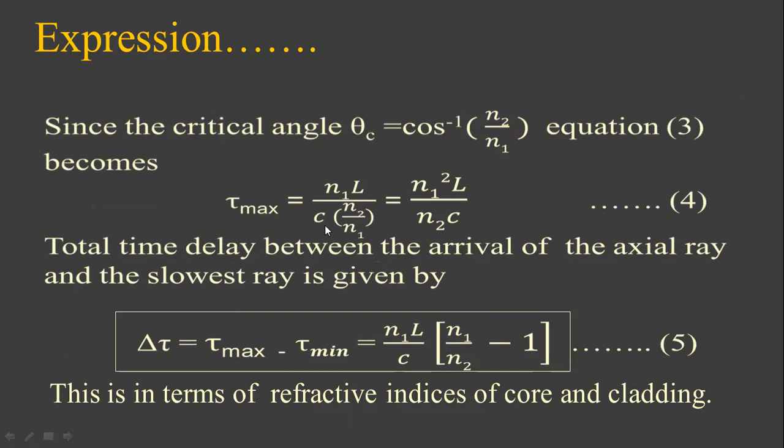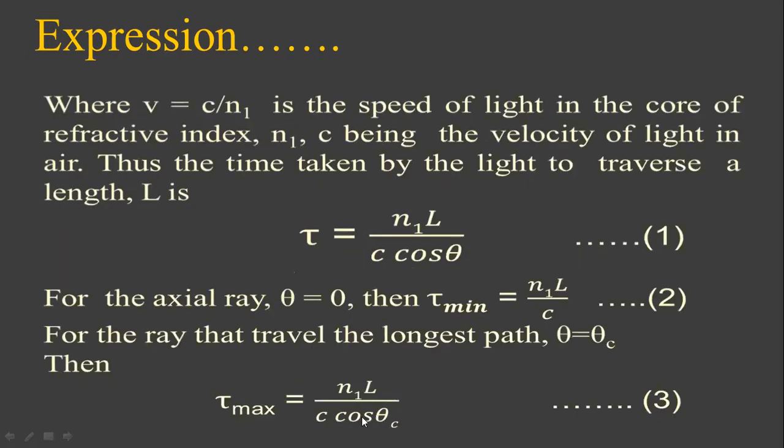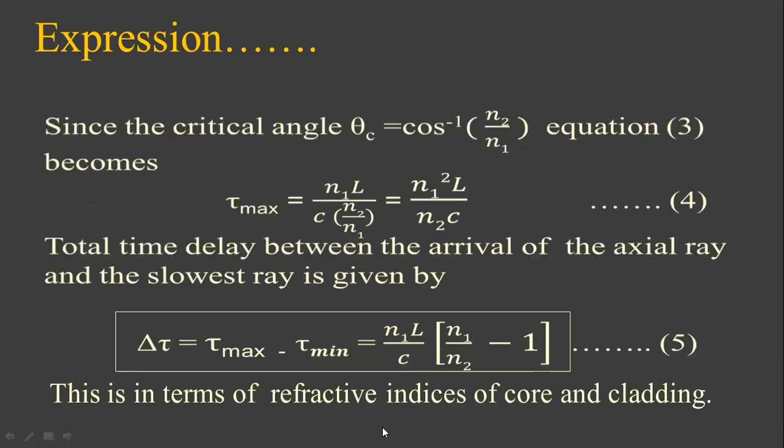So equation 3 we will write as cos theta c is N2 by N1, and so N1 goes up, and it becomes N1 square L upon N2 C.